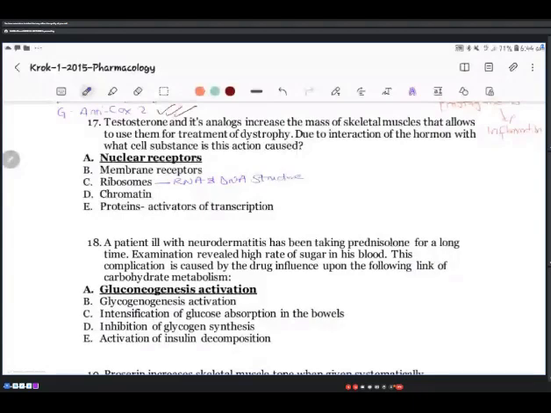Chromatin are DNA, just DNA and proteins. And receptors are just there outside. Then the nucleus or nuclei have the chromatids and also chromosomes.